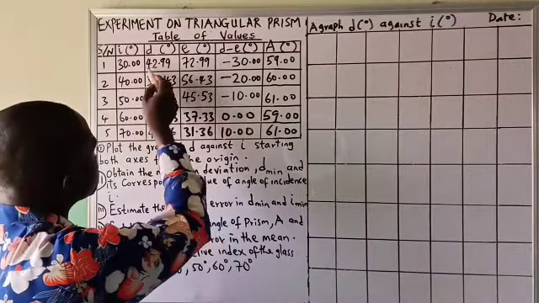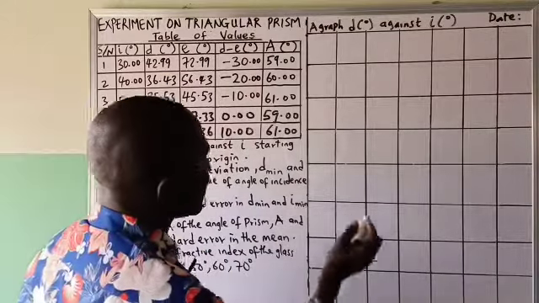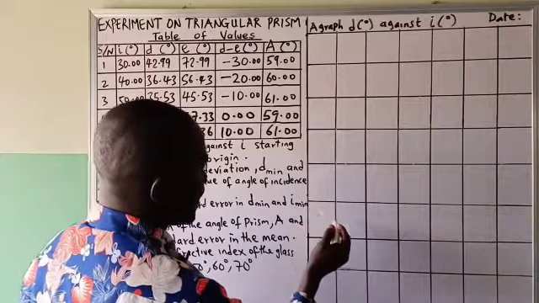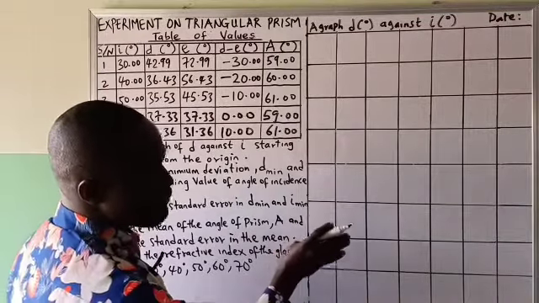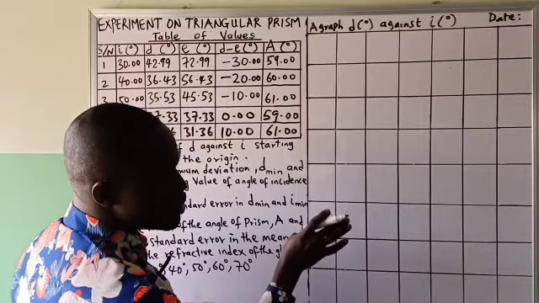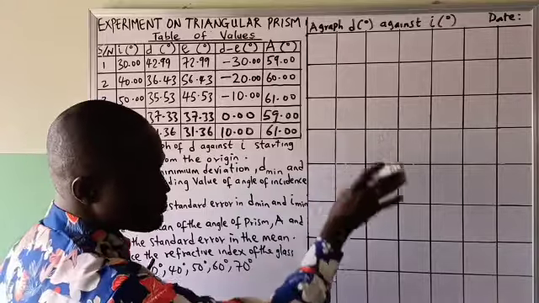The largest is 42 and the smallest is 35. Remember, in the rule of graph, your graph is meant to cover at least 2/3 of your graph sheet.